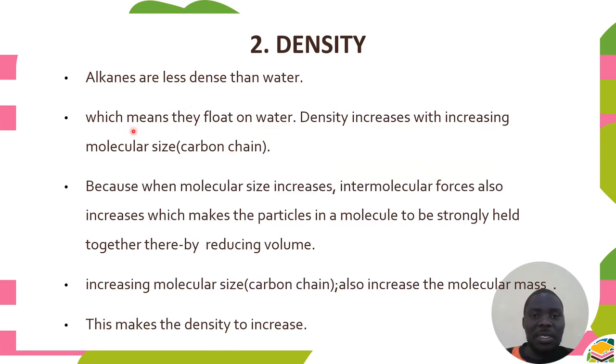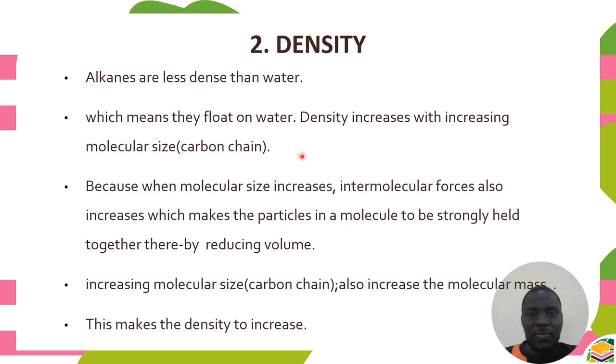This is so interesting. We need to understand it properly. So let's go into the bottom line of what makes an increase in density as we are moving down the homologous series. If molecular size is increasing as we are moving down the homologous series, it means there will be many weak intermolecular forces.